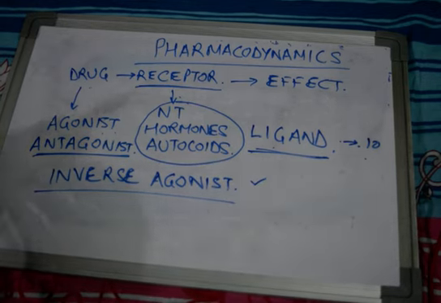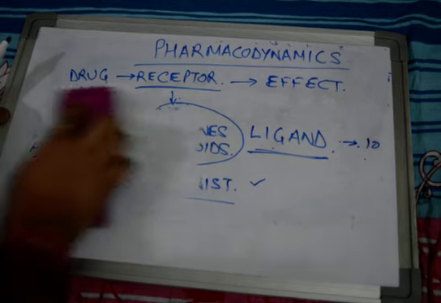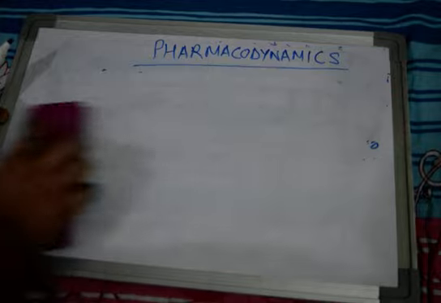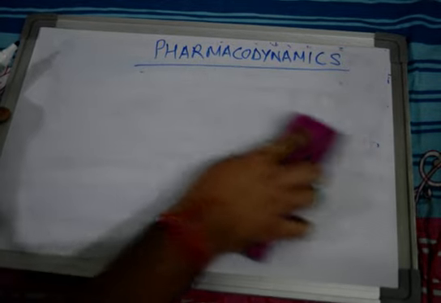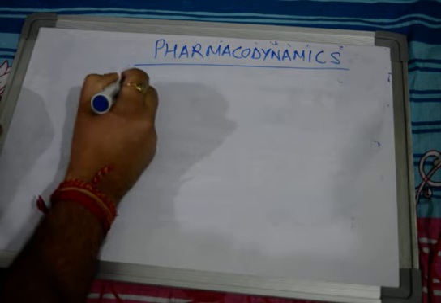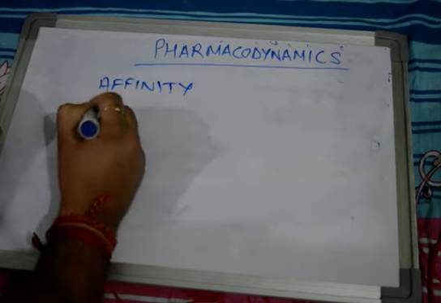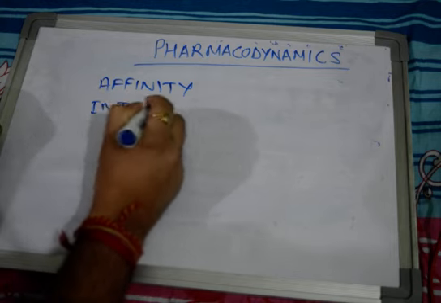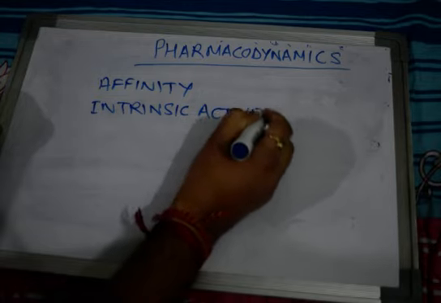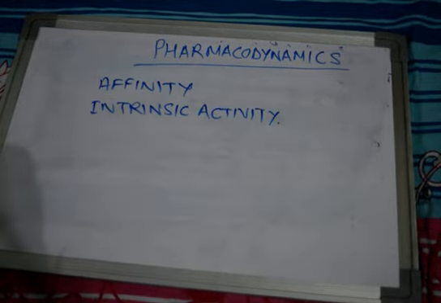Now when we are talking about all these substances, there are two very important concepts in this. There is one thing we call affinity, and another is what we call intrinsic activity.